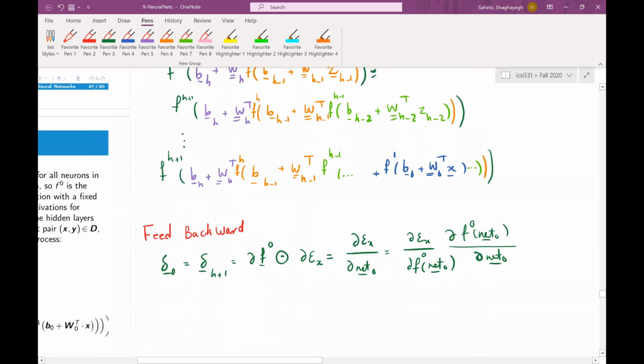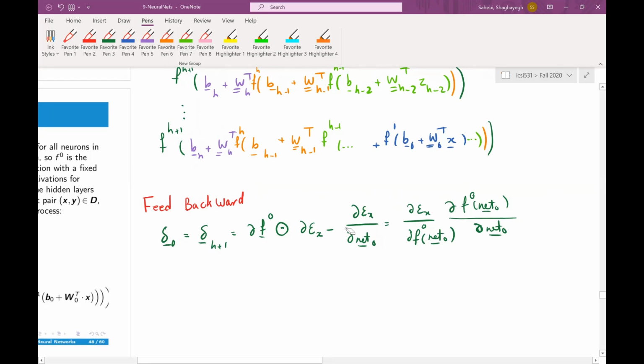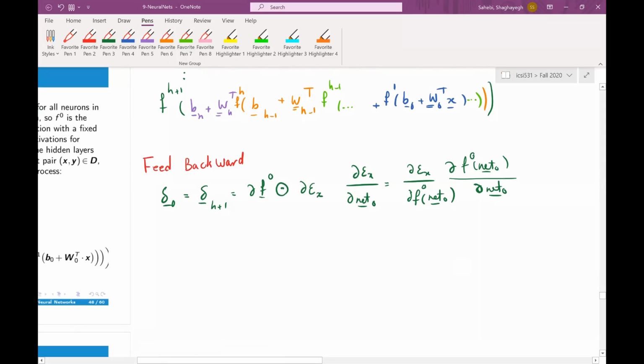So this is the chain rule that we have. Also we know that FO of net O is the output itself, the vector of output.